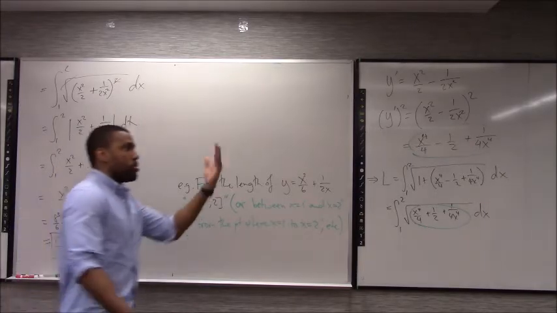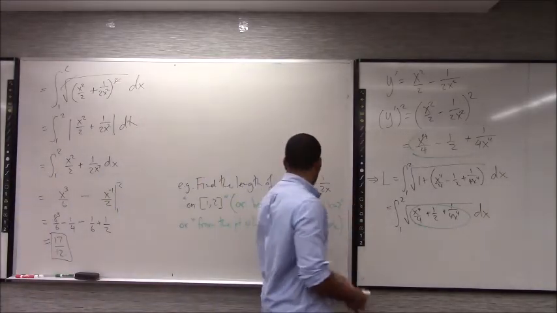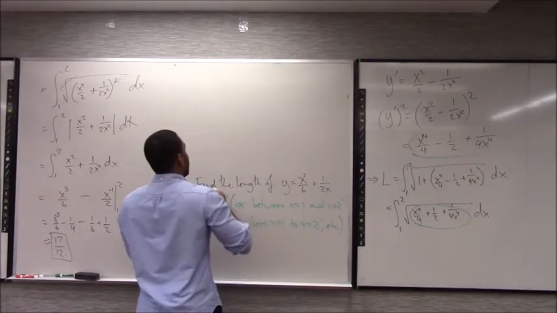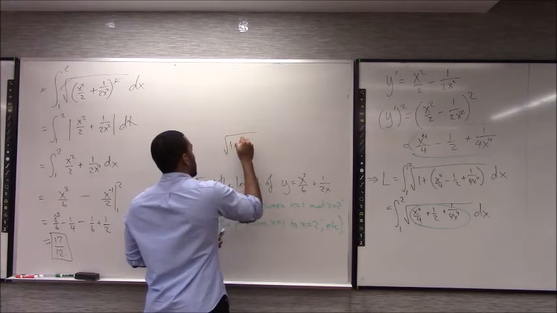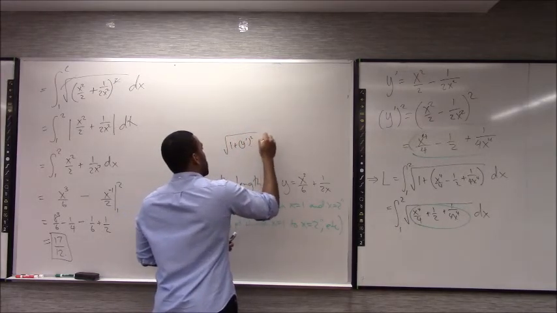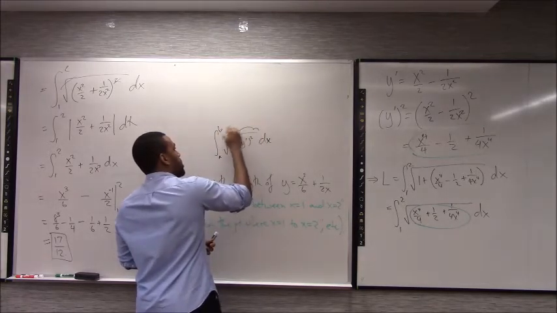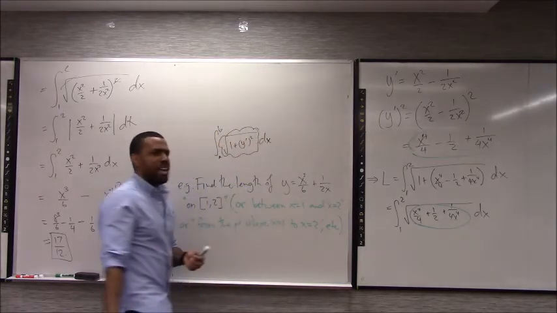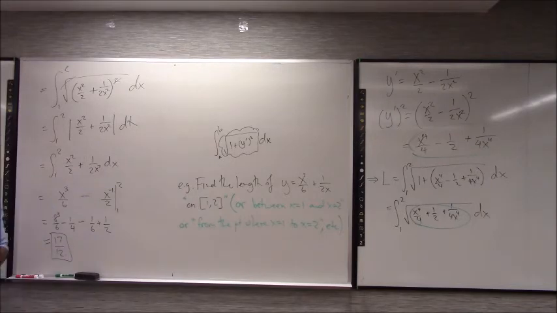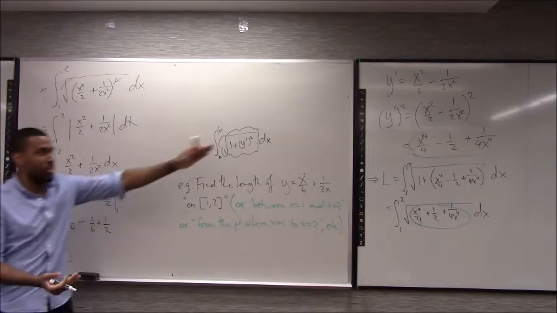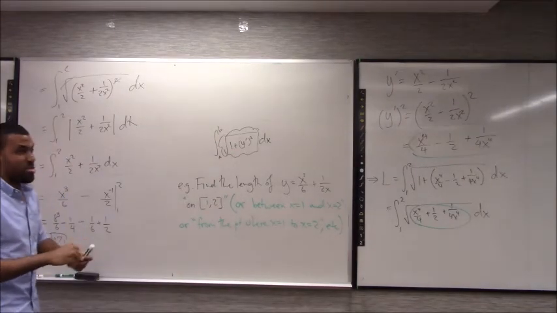Now it turns out, the formula is very simple, but this kind of formula, the radical of 1 plus y prime squared, in practice tends to be actually very ugly. It's very simple to write down, but when you plug in a derivative, usually you end up with something very ugly.